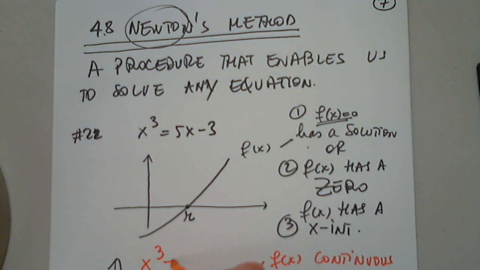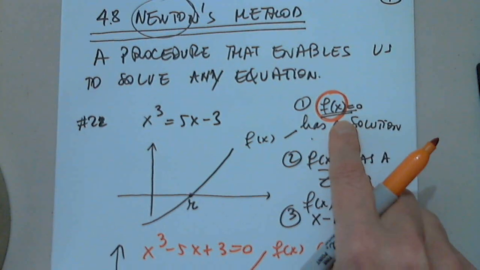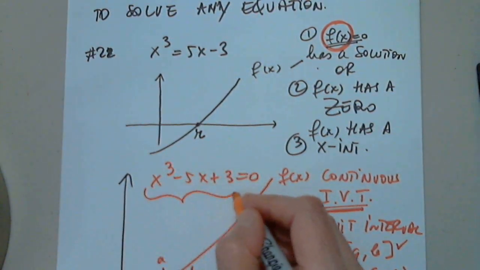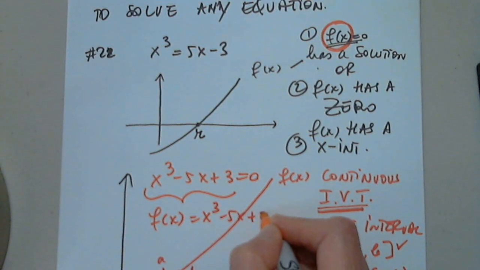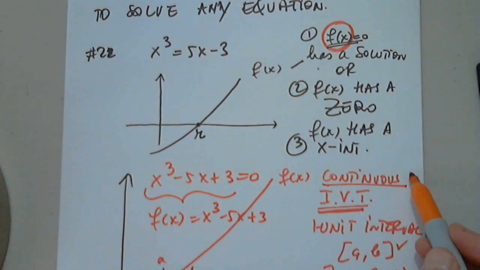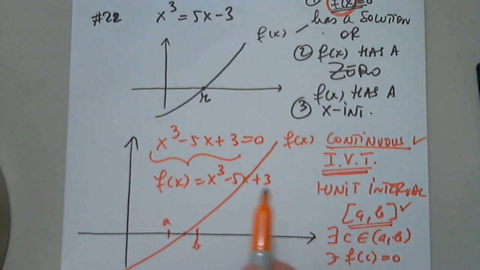So then I have x cubed minus 5x plus 3 equals 0, because I need to identify the function. So therefore, this is my function. f of x is x cubed minus 5x plus 3. Is it continuous? Yes, it's a polynomial function. Once I find the 1-unit interval where the function changes sign, then I can start the method.